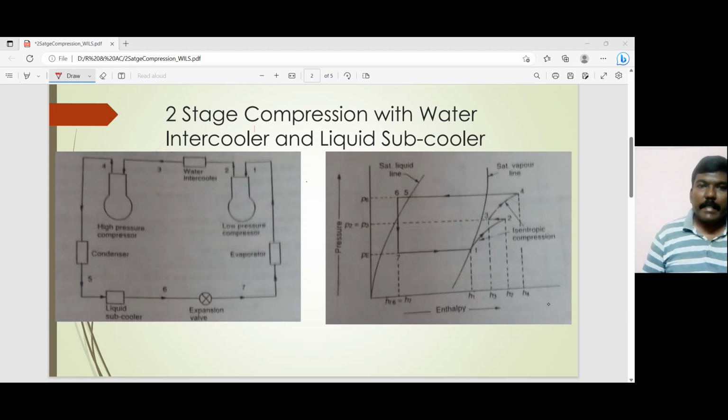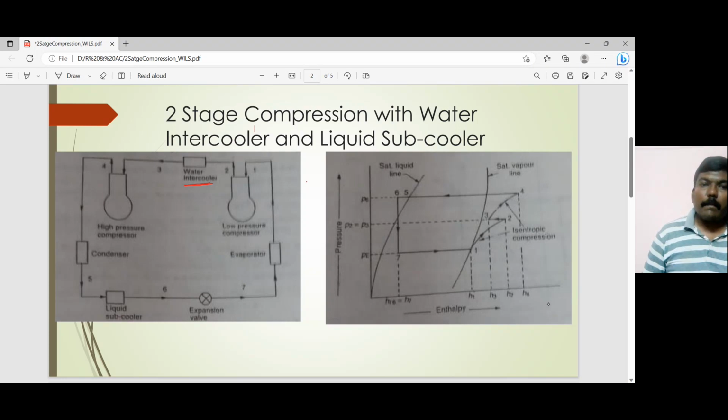And in the previous case, when we used the liquid intercooler, the de-superheating took place to such an extent that state point number 3 was the dry saturated state. But when you use the water intercooler, it is not possible to de-superheat it in such a way that it reaches the dry saturated state.